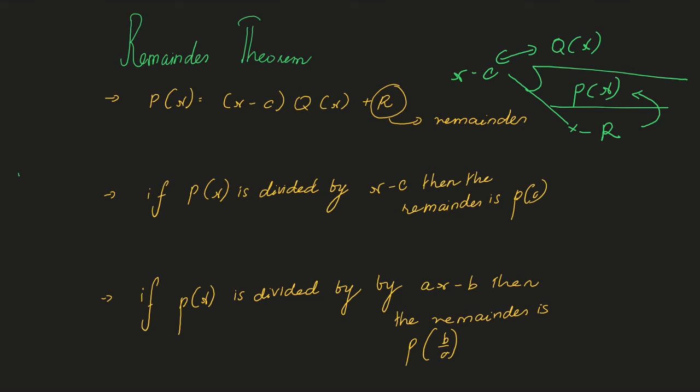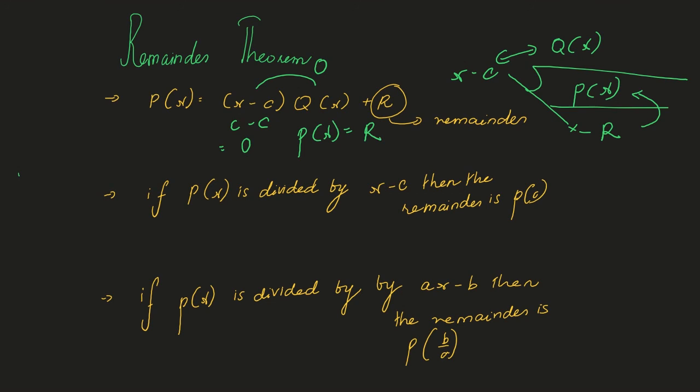So note one thing: if we're dividing by x minus c and we input c into this equation, then this will become c minus c. This entire thing will become 0, and you will be left with p(c) equal to r.